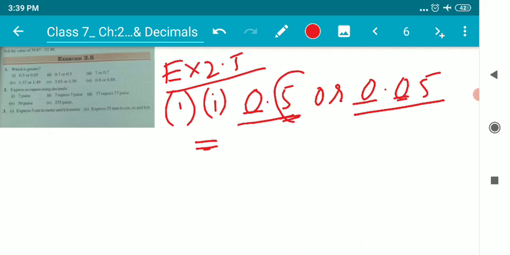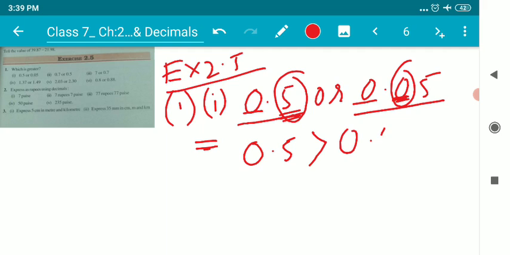Children, 5 is greater than 0. Once we get the bigger digit, the number itself becomes bigger. So 0.5 is actually greater than 0.05. We don't have to go for the next digit. Once we get a bigger digit, we will stop counting.